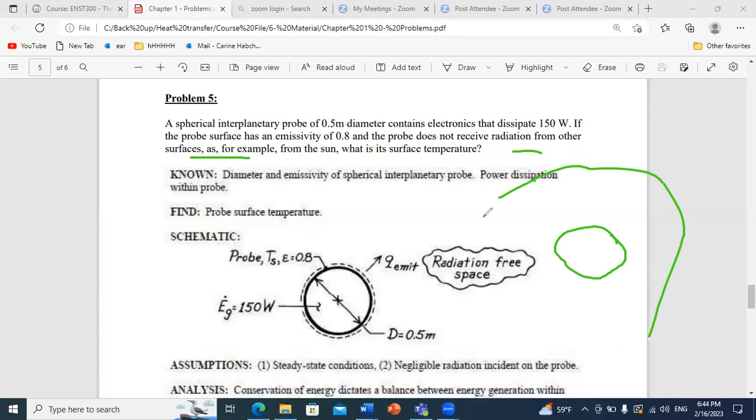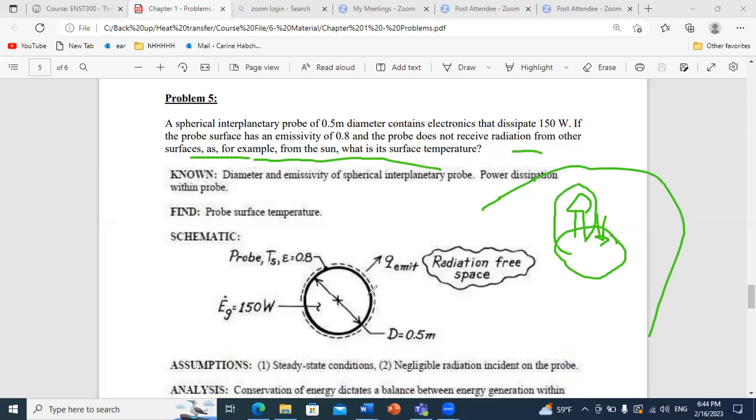And in case we have a big enclosure, we have demonstrated last time that we can compute a net radiation flux, where the net radiation flux will be equal to the emitted rate minus the absorbed rate by radiation. Here, because I told you we don't have any other surface that is exchanging by radiation with the sphere, we just have the emission term only. We don't have to subtract the absorbed one.